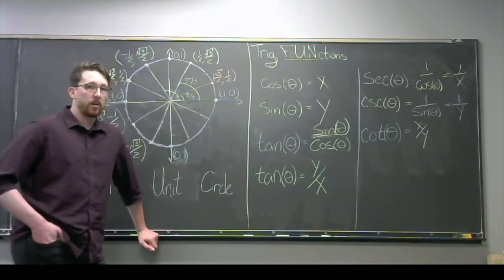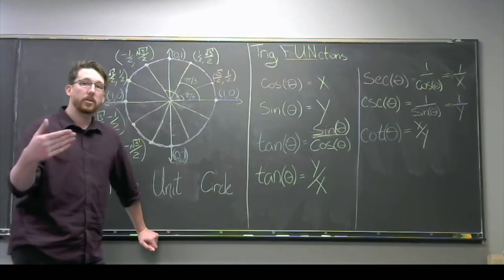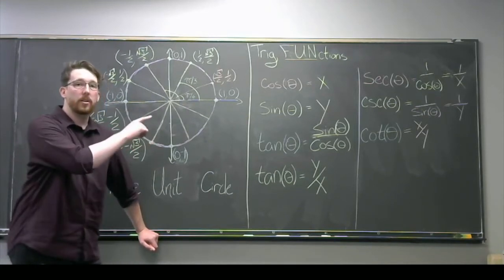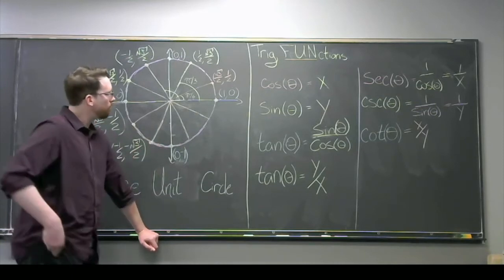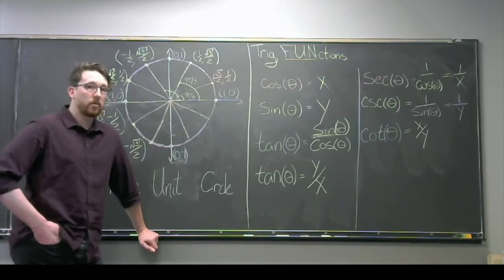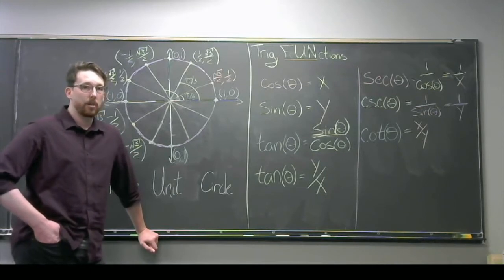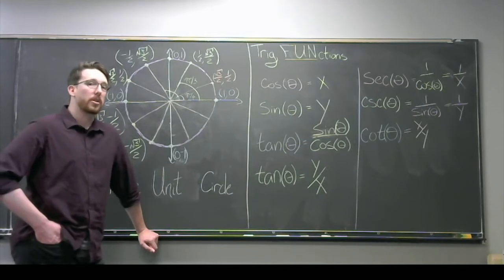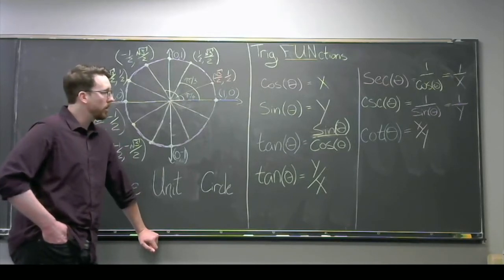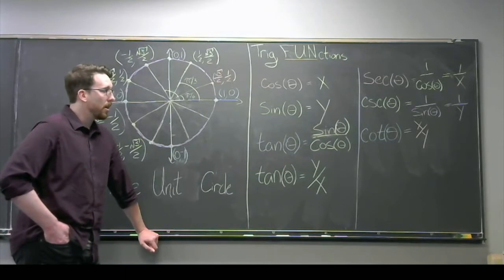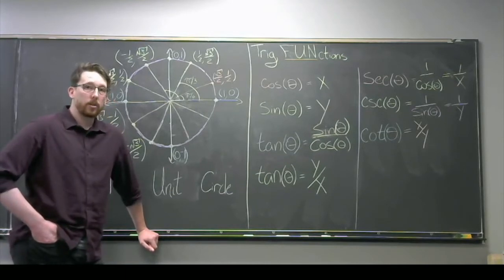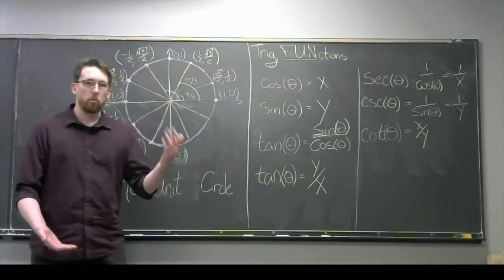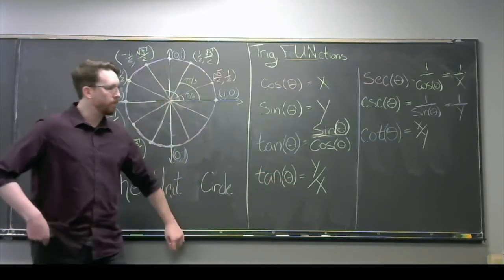Cosine of an angle is equal to the x position at that angle along the edge of our circle. Sine of an angle is equal to the y position at that angle along the edge of our circle. Tangent is the quotient, so we're just dividing y by x at that angle.